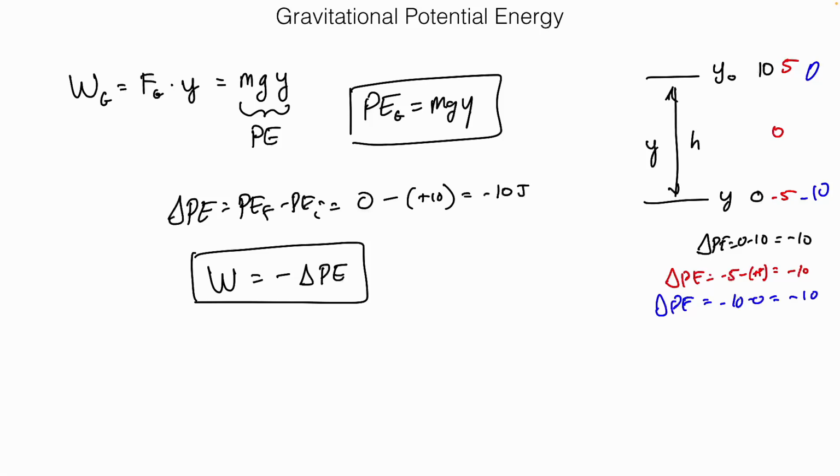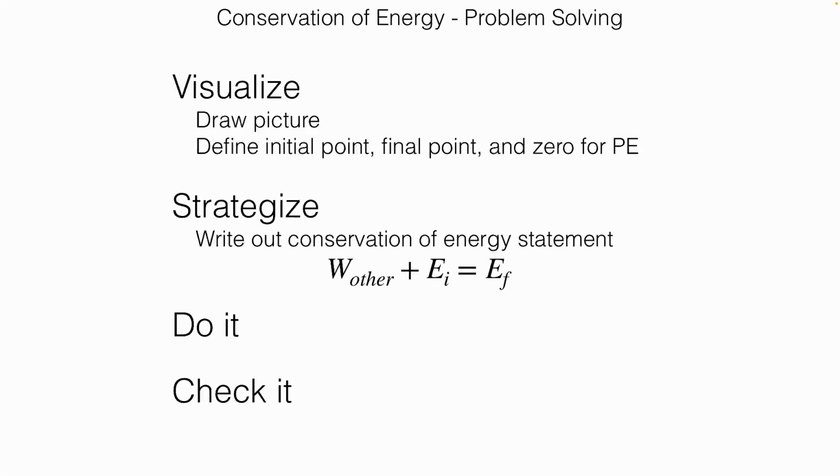All right. So now that we've basically got all the parts in place, we are going to tackle how you use conservation of energy, all these ideas of work, kinetic energy, potential energy, to figure out what's going on in any situation.